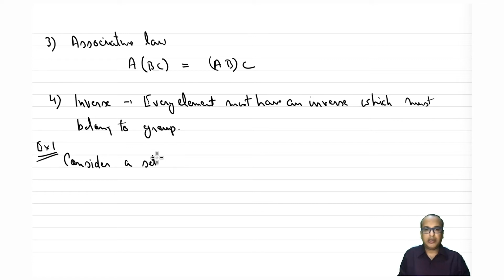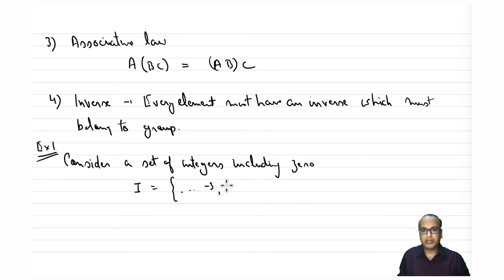Consider a set of integers including 0. So that means I is a set such that you have ..., -3, -2, -1, 0, 1, 2, 3, ... So this is a complete set.